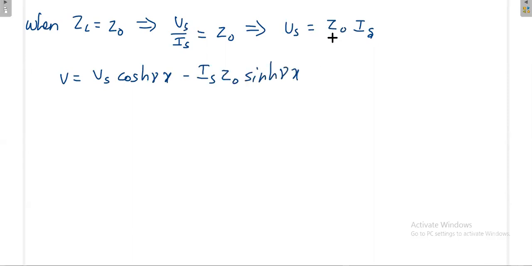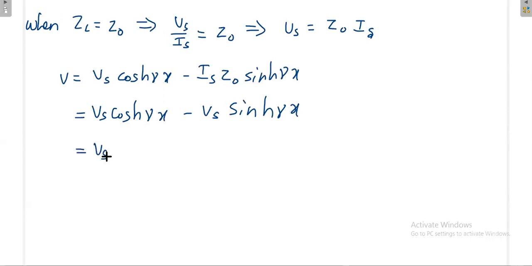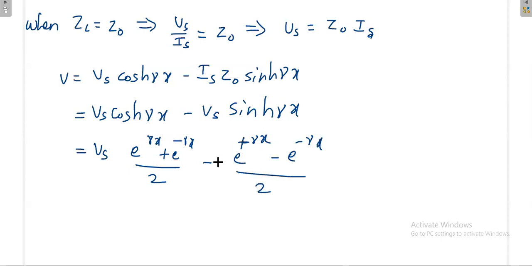Under this condition, because this is a special condition where you are terminating your load with Z0, you can replace Is Z0 by Vs. Then Vs cosh gamma x minus Vs sinh gamma x. Refer to the mathematics: cosh can be written in terms of e power gamma x as e power gamma x plus e power minus gamma x, divided by 2, and sinh as e power gamma x minus e power minus gamma x, divided by 2.